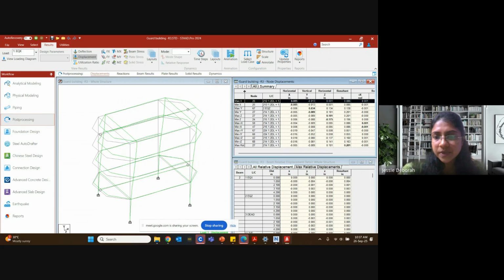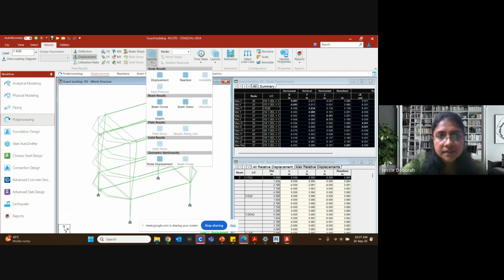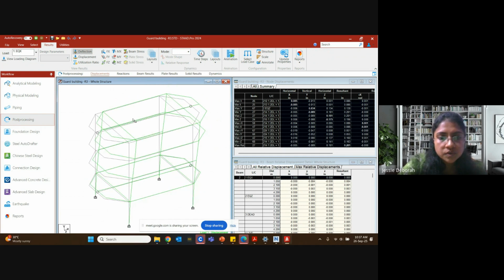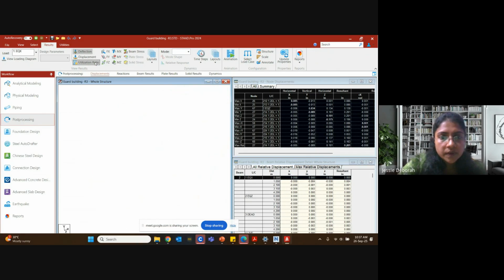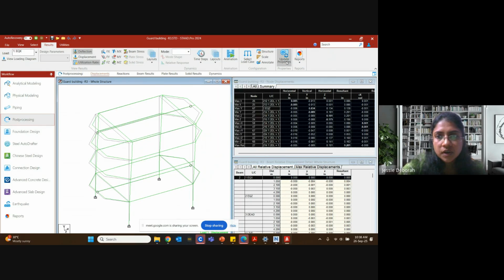So based on the details that we get from here, and this is relative displacement. Then coming to deflection, let's check utilization ratio. In utilization ratio, modal displacements.